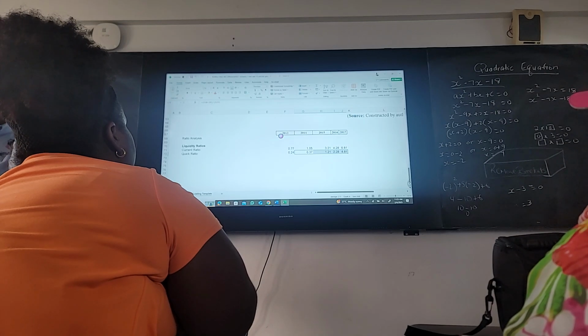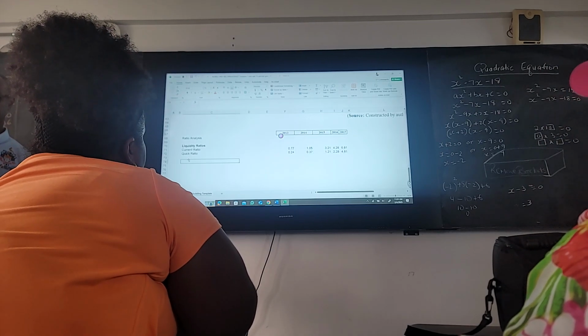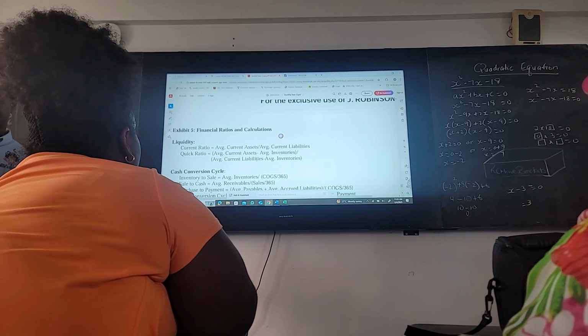So again, that points to improving liquidity if those numbers play out. Everybody with me? Next category.